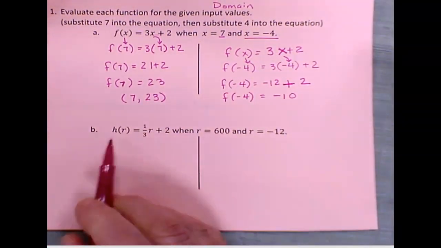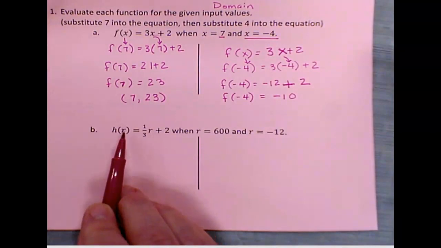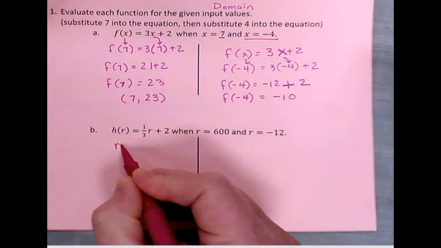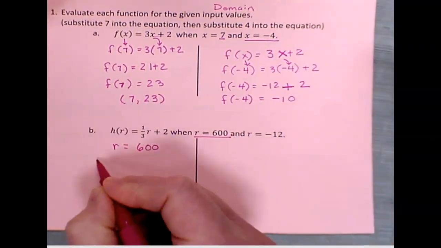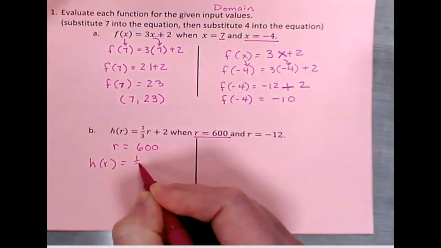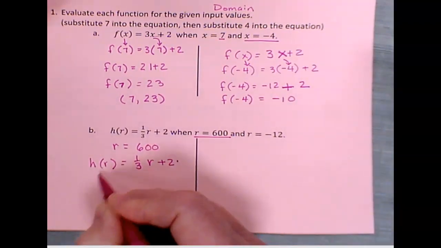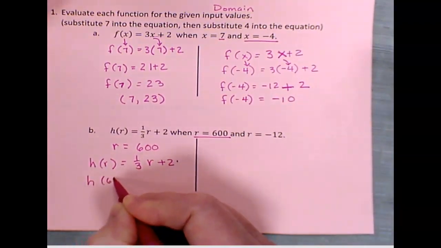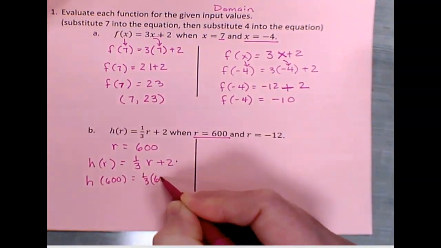Here's another function. This one's name happens to be h, and the variable happens to be r. So what happens when r equals 600? This is called the function rule. In place of the r, I'm going to put in the number 600.